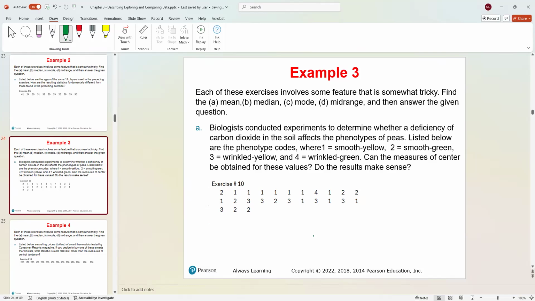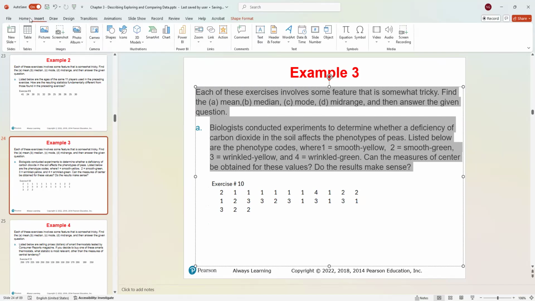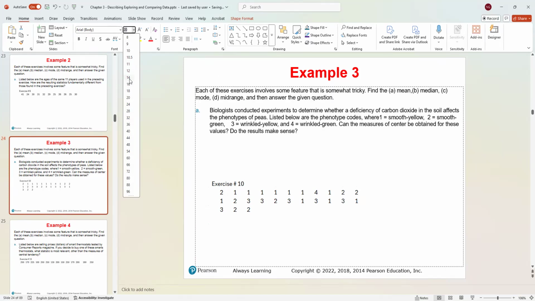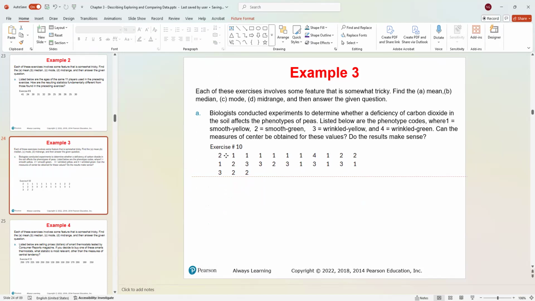So this data set, as you can see, very important. If you consider this data set, the first thing to do is find the mean. Let me do this one smaller. Maybe I need space, so I have enough space for it.